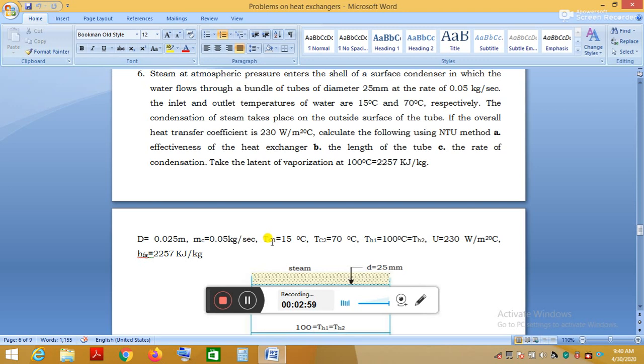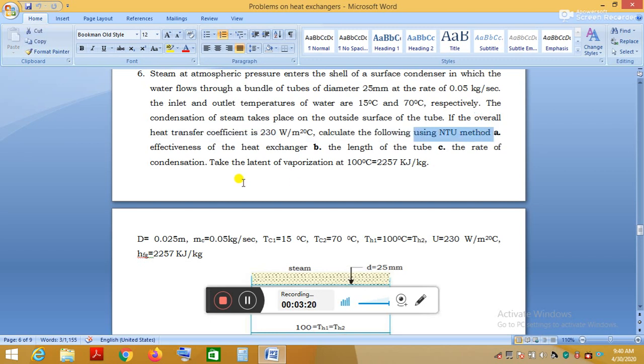We know the inlet temperature of the cold fluid, outlet temperature of the cold fluid, inlet temperature of the hot fluid, outlet temperature of the hot fluid. The problem can be solved using LMTD method, but in the problem itself he has specified to solve the problem using NTU method.